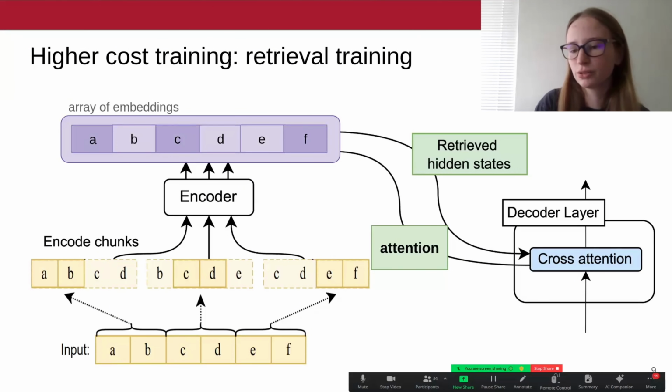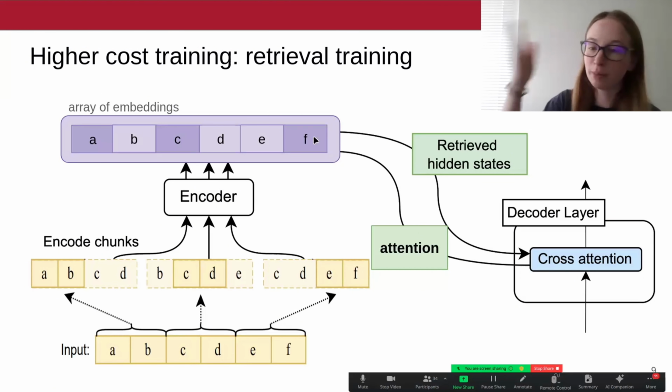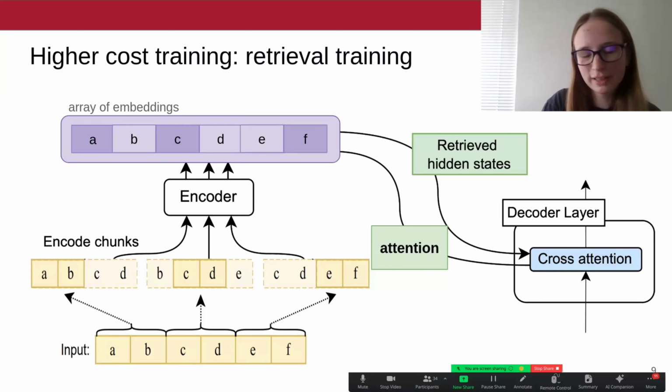The first is to do the closest thing to what would happen at inference time, which is to compute attention scores across this array of embeddings, zero out all but the top K, and then backprop only through those top K. The advantage here is that this is very similar to what actually happens at inference time.